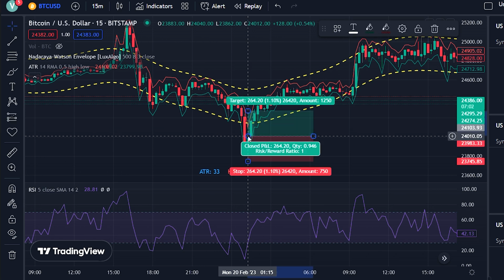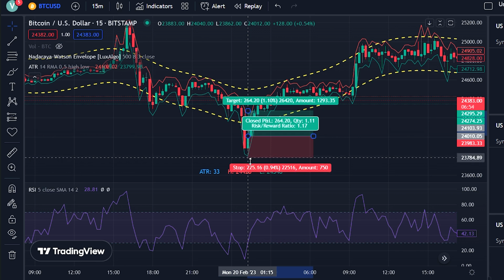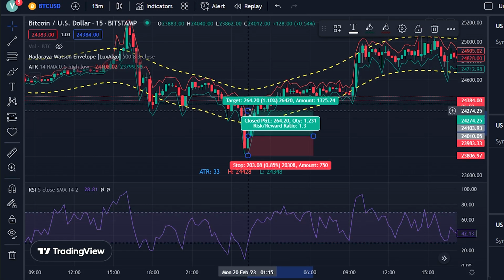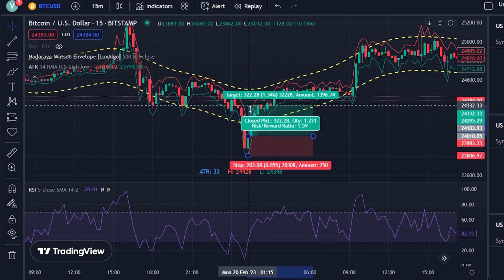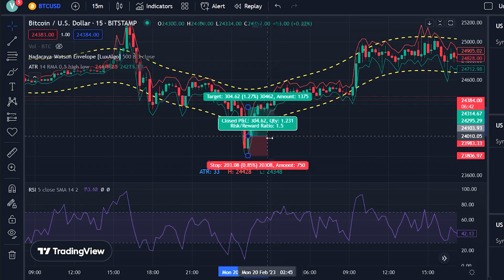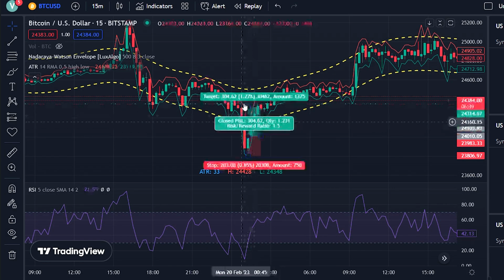You get in at the end of that candle and put your stop loss at the ATR, 1 to 1.5. Boom, this would have hit in the very next candle. It just jumped up. But let's look at a short trade.